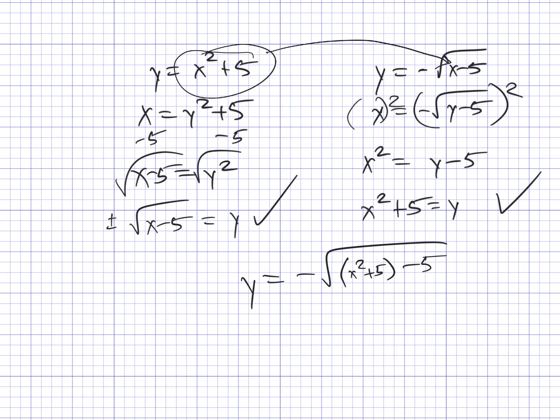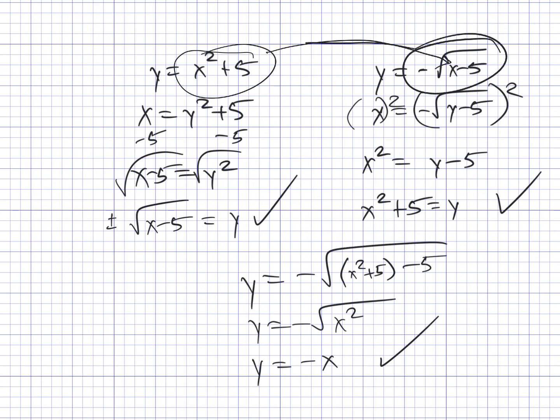So the plus 5 and minus 5 go away. And the square root of x squared is x. Negative x. All right? So you got plus or minus when you do that. So you've got to have it to be x. And that would be a check, yes. But then you also have to plug the other one into the first one. And it needs to be equal to x. So that's two different ways of solving it.